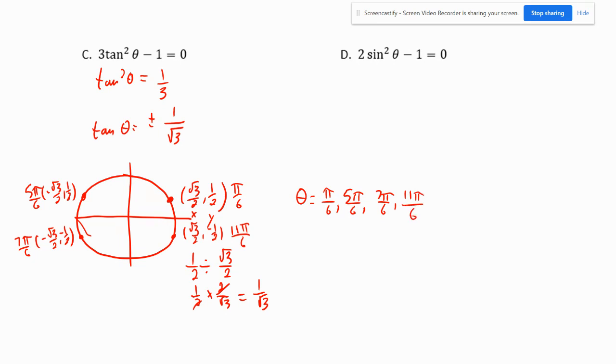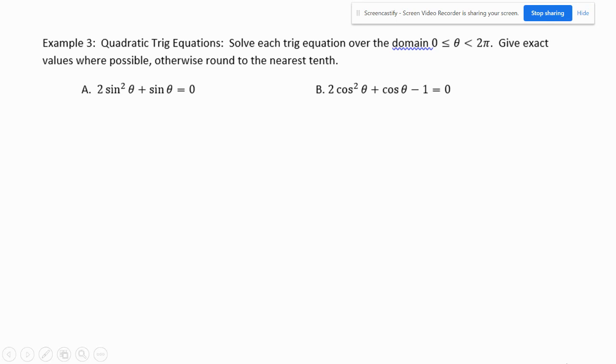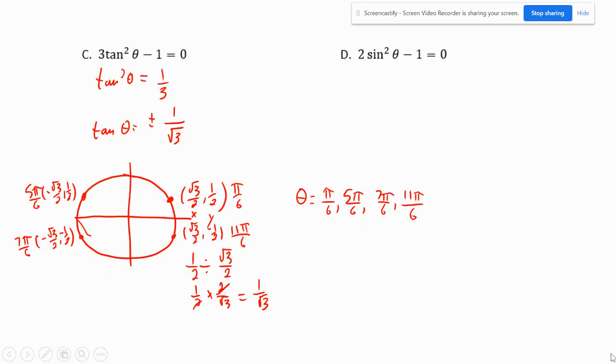Okay, moving on. Example D, same strategy. We're going to add 1, divide by 2, and then square root both sides. I'm going to square root. That means sine theta equals plus or minus, we always have to do this for square rooting both sides, 1 over root 2.